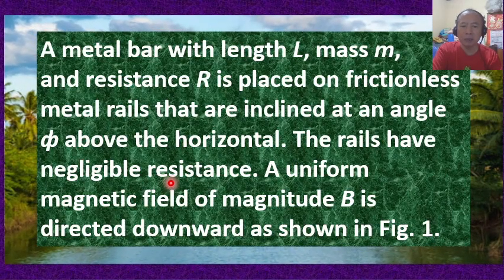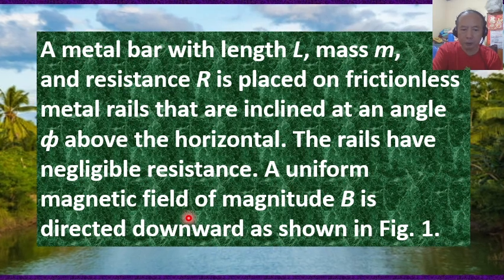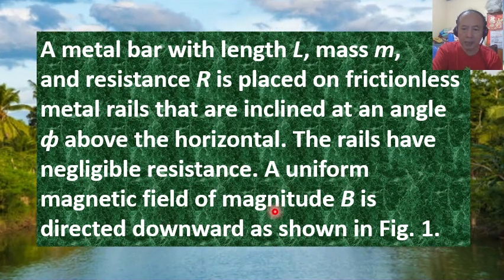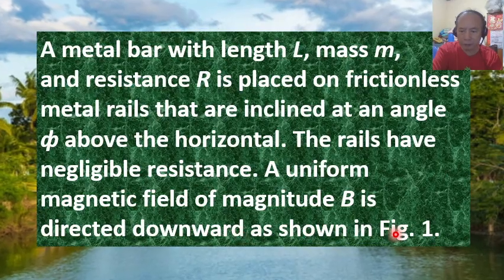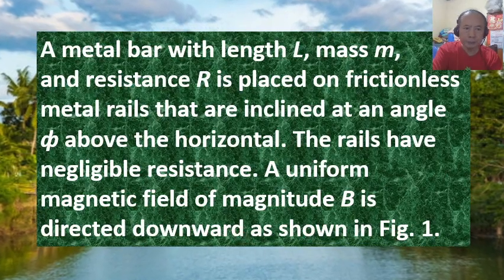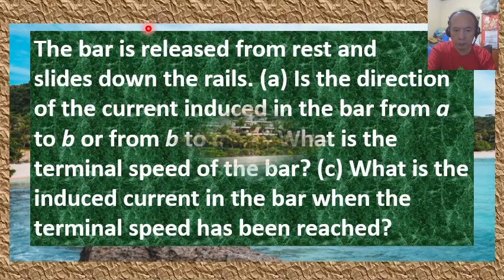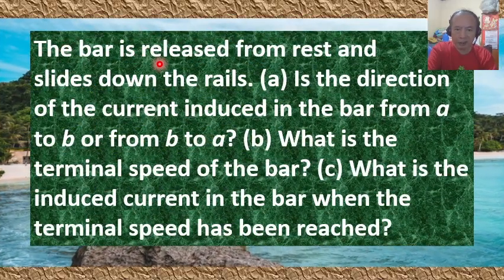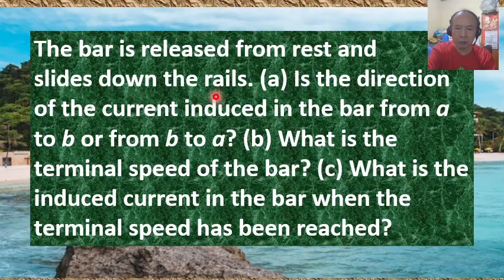The rails have negligible resistance. A uniform magnetic field of magnitude capital B is directed downward as shown in figure 1. The bar is released from rest and slides down the rails.